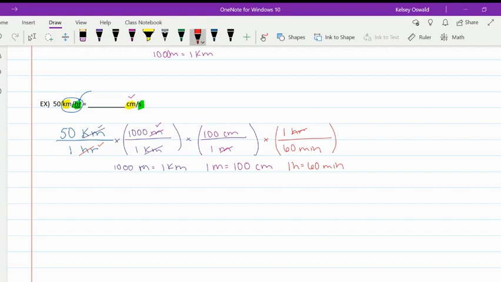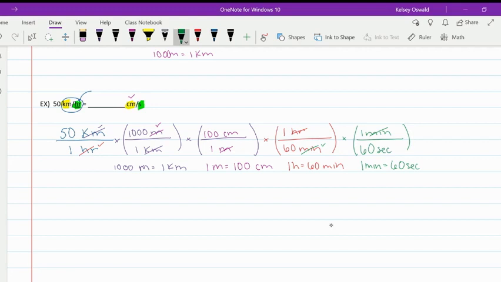Okay. Now I can see that I'm left with minutes, but I don't want minutes, I want seconds. So we're going to take this one more step because I know for every 1 minute, I have 60 seconds. So if minutes is on bottom of this fraction, that means I need to put minutes on top of my new conversion factor. Because minutes on bottom, minutes on top, they cancel out. So I'm going to write this as 1 minute over 60 seconds.